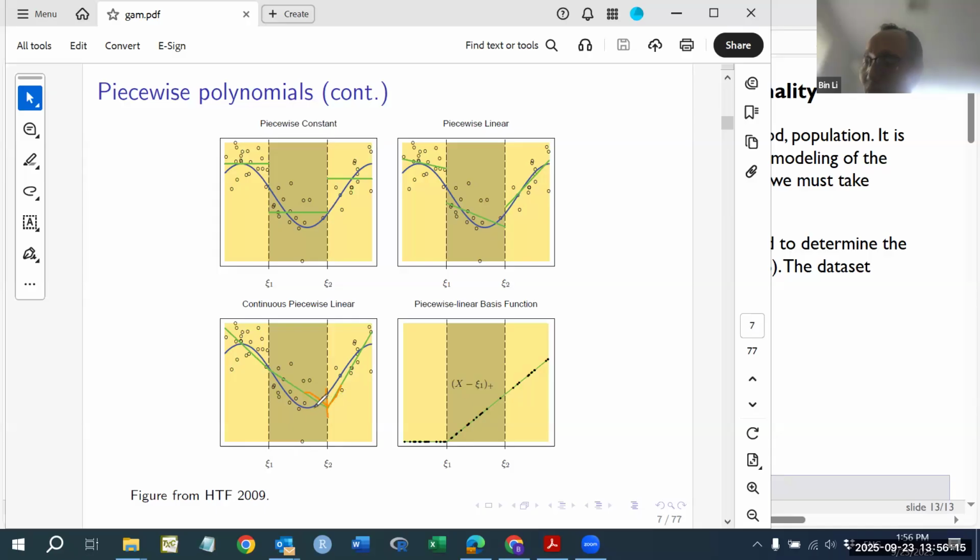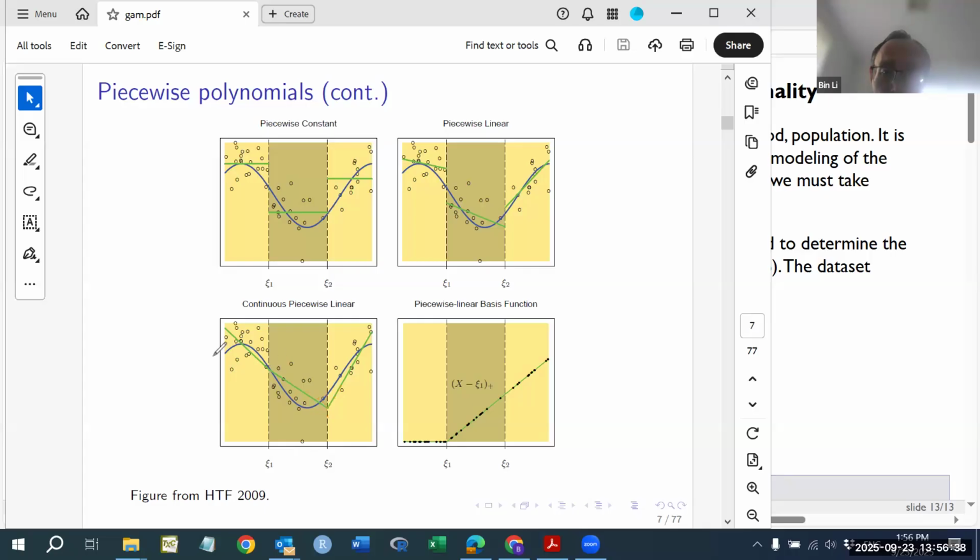So there is an abrupt change in direction. It's like a broken chopstick. It's connected, but it's not smooth because the first order derivative is not continuous, although the function itself is continuous. So we still don't like that.